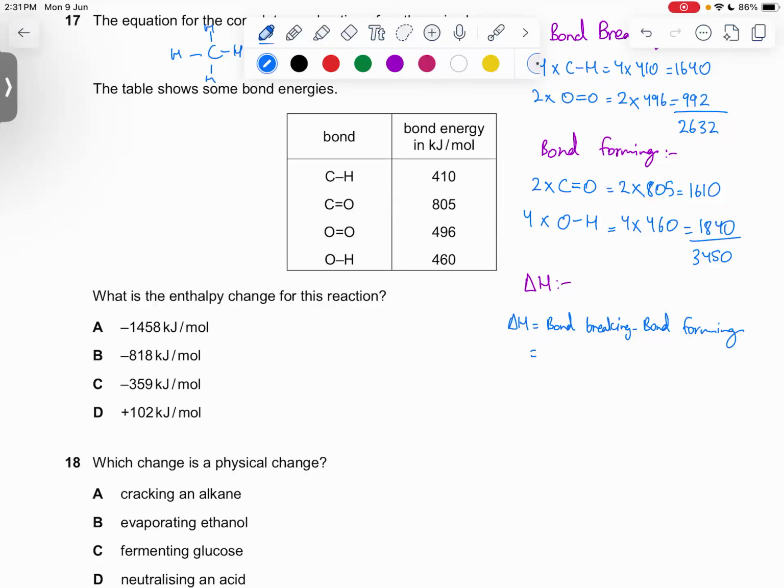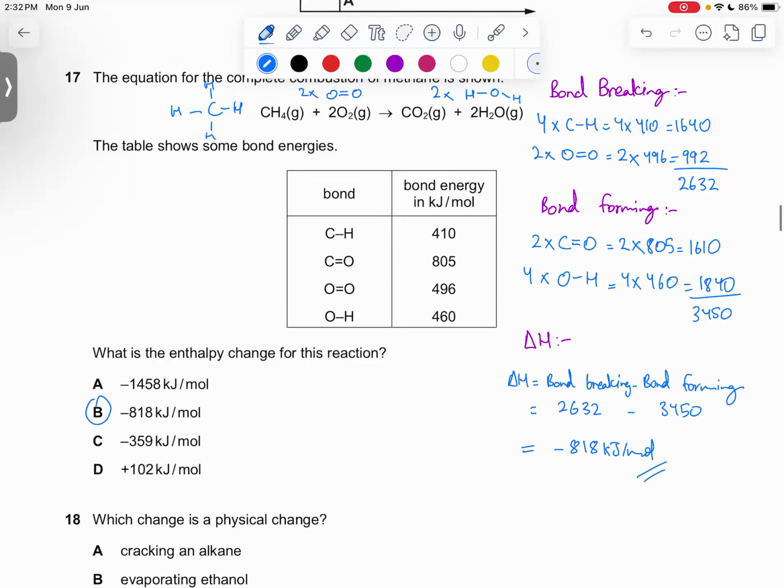This is equal to 2632 minus 3450. The answer is minus 818 kilojoule per mole. This is our answer, B.